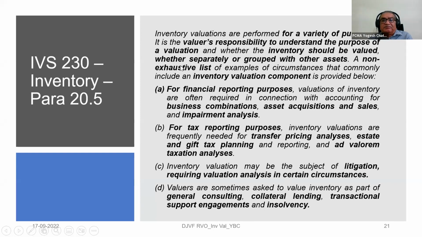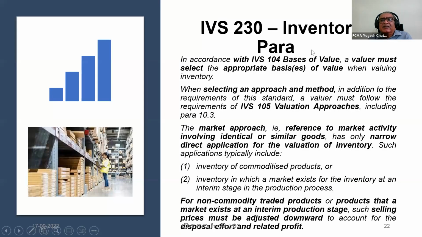And again, this is important. So in accordance with IVS 104, a basis of value, a valuer must select the appropriate basis of value when valuing the inventory. So when selecting an approach and method, in addition to the requirements of this standard, a valuer must follow the requirements of IVS 105, which is on valuation approaches and methods.